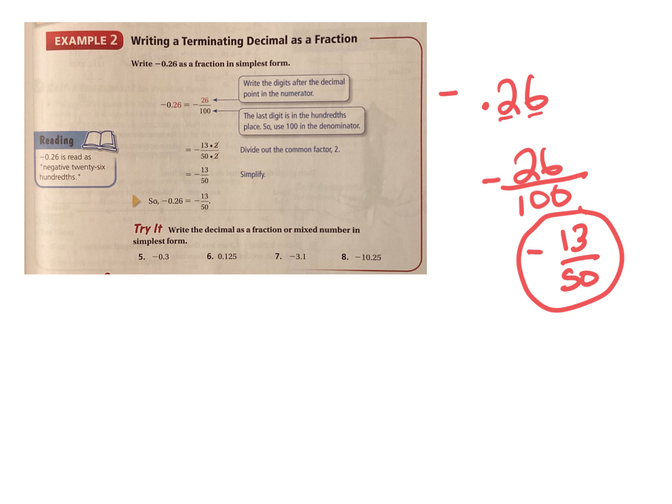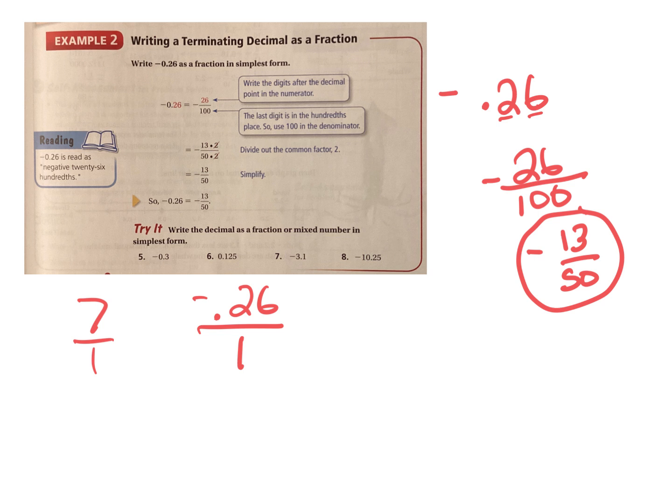Now, the other way you could do it is, if ever you have like 7 and you want to make it into a fraction, you just put 1 under it, okay? So if I have negative 0.26 and I want to make it into a fraction, I'll just put a 1 under it. But I want to get rid of this decimal. How do I get rid of the decimal?